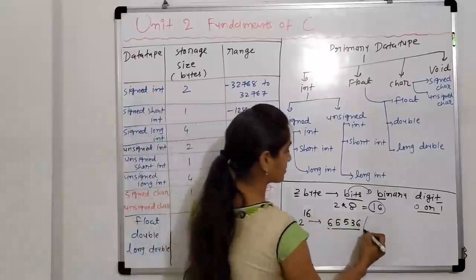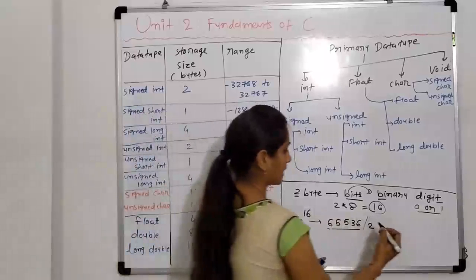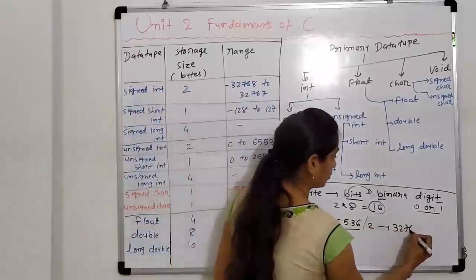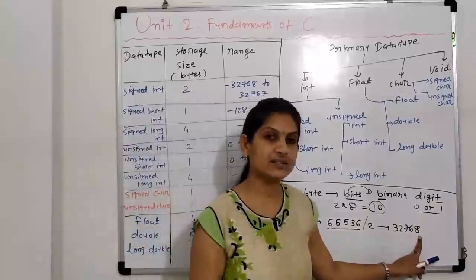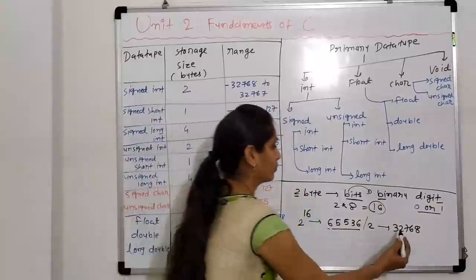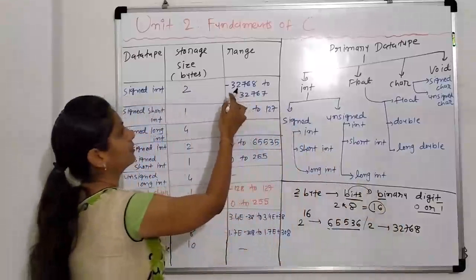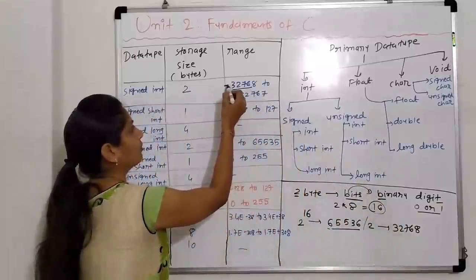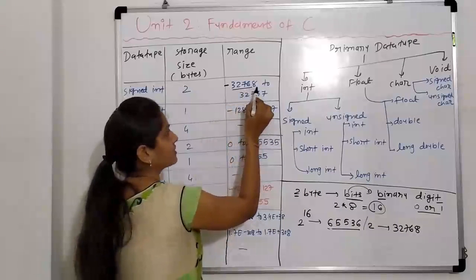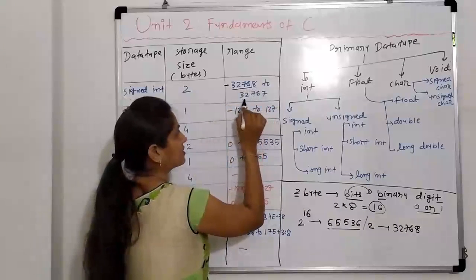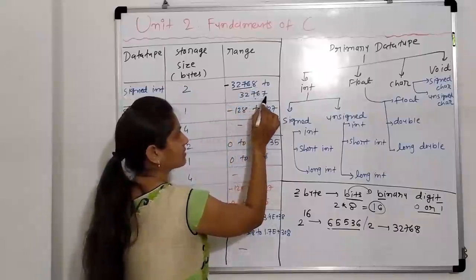So divide this by 2, and you get the value 32,768. And the range goes from negative 32,768 to positive 32,767.